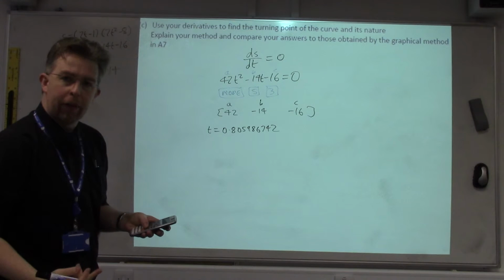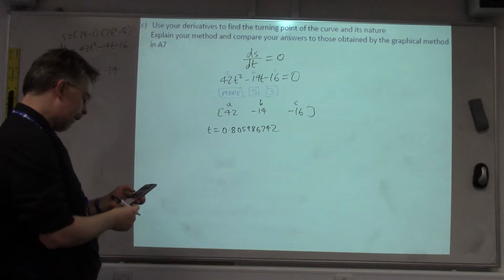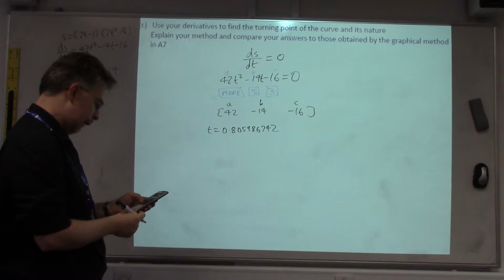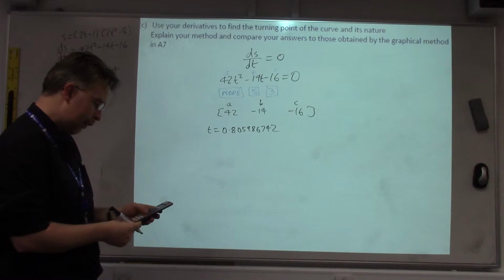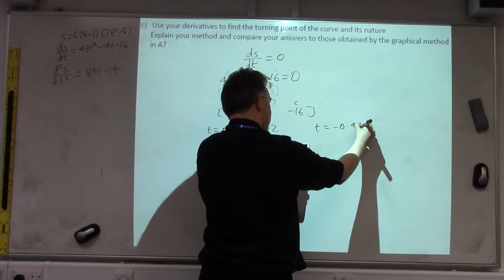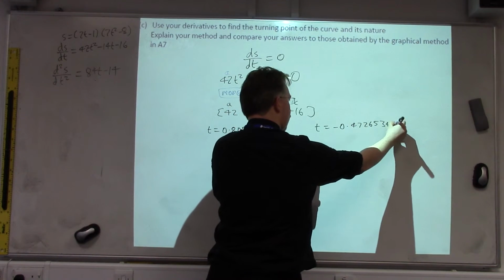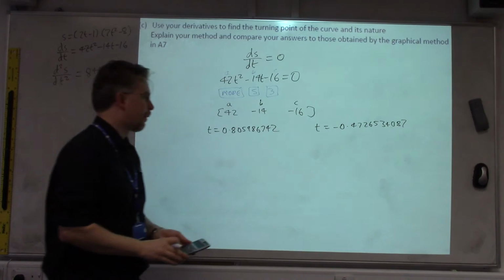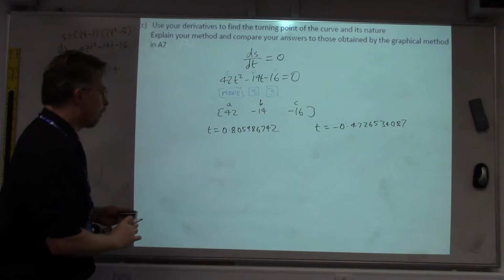We're going to round it later once we've found the corresponding s values. Press equals again for the other solution. t equals minus 0.472653487.